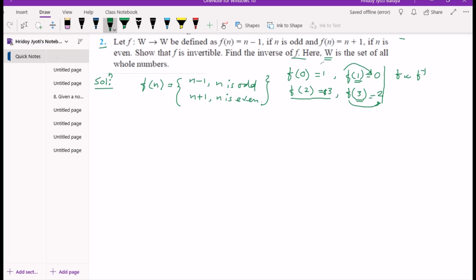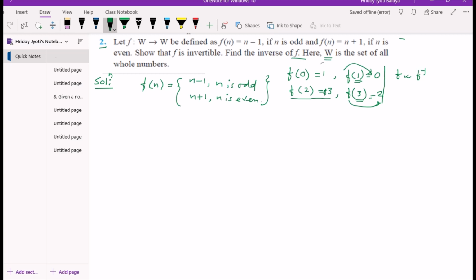But we cannot solve this question by giving examples, we have to prove it.